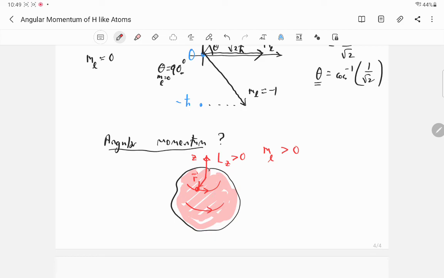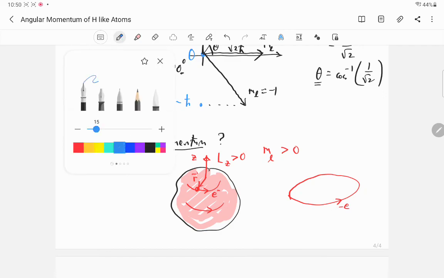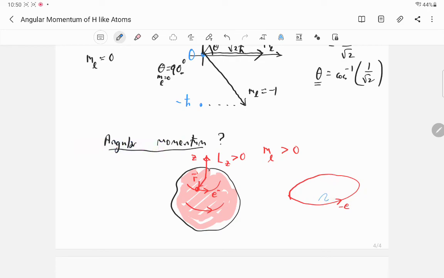But all this is to say, this is electron motion. So if electron motion looks like this, then what this looks like is a current loop where we have electrons moving this way. But if electrons are moving that way, then we understand negative charge moving towards the right as the same as positive charge moving towards the left. So that's the direction of the current.